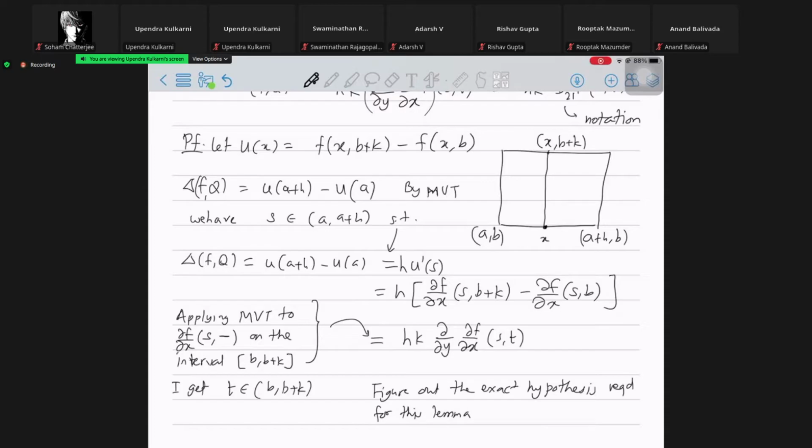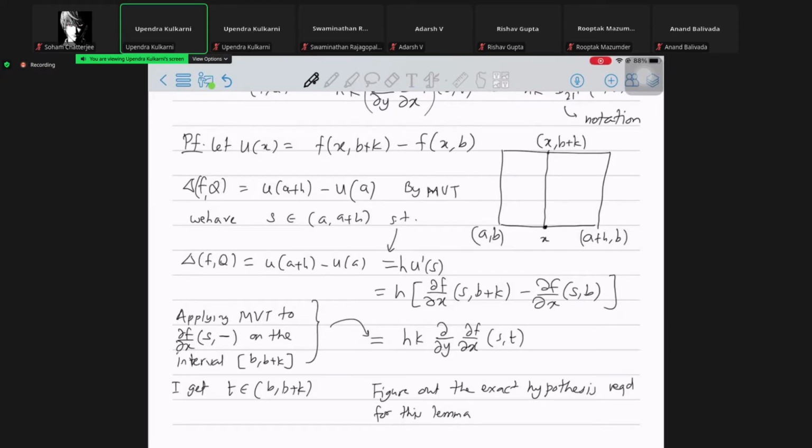If you fix the first variable of del f del x, then all the resulting functions have to also be differentiable. Right. So in other words, on every vertical line segment, the function del f by del x has to be differentiable. Yeah. Right.